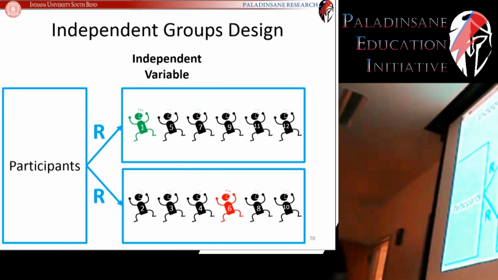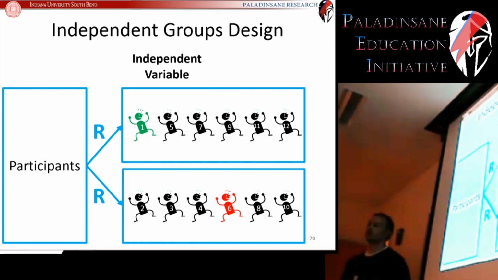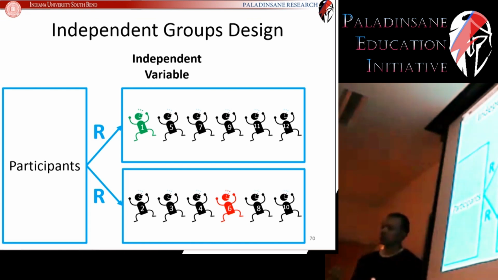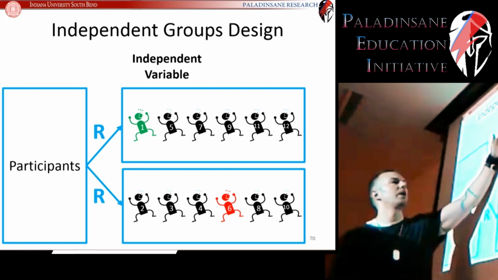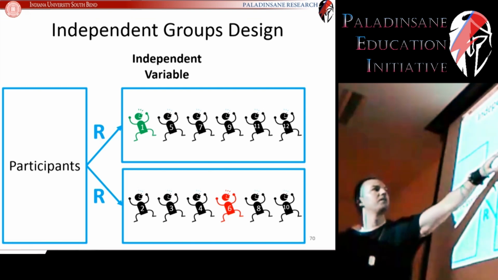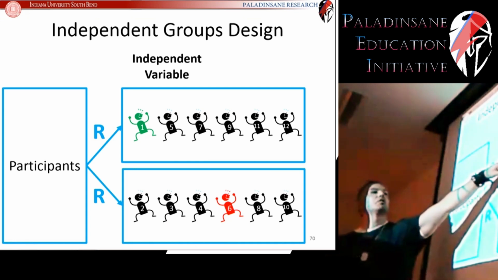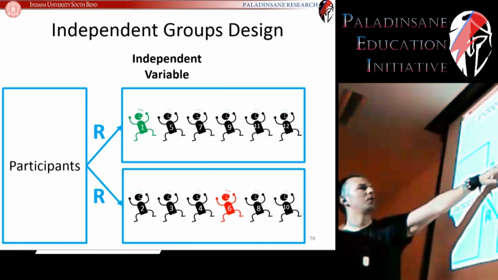So we try to minimize these individual characteristics using randomization, and by having a lot of subjects, because this one violent individual is really going to raise the bar when you only have 6 subjects in this group. If you had 100, then this one violent individual would get averaged out much more.